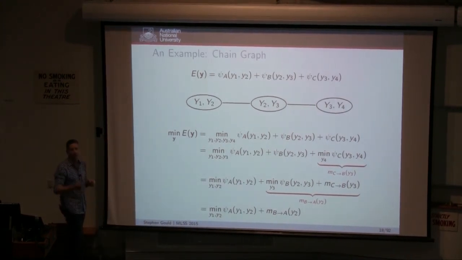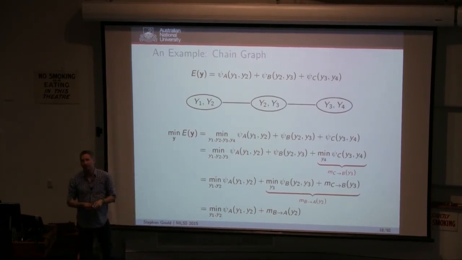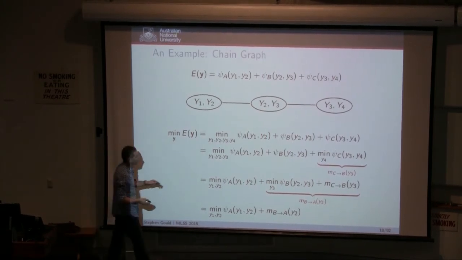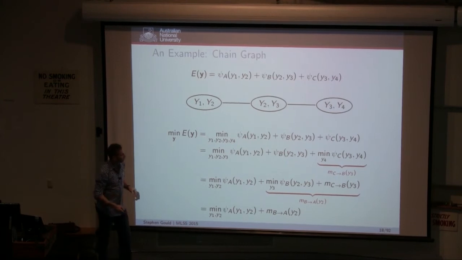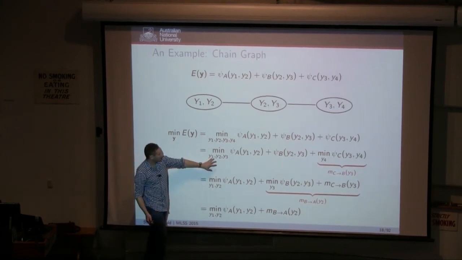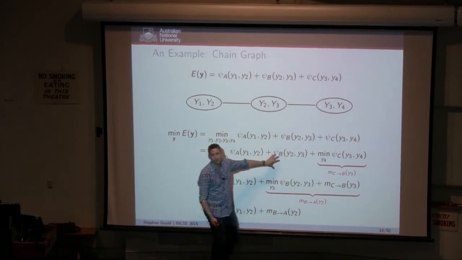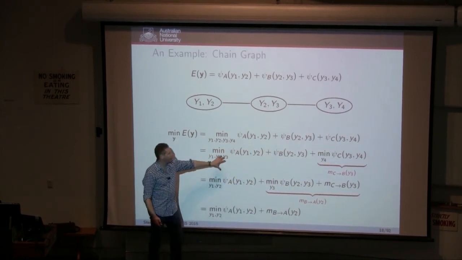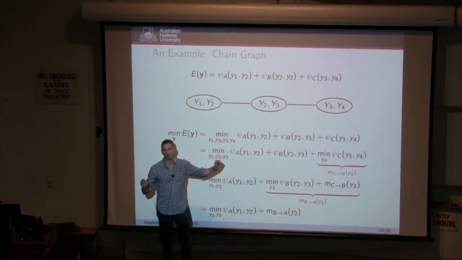So we just fix the minimum for each variable at each step, and what happens for y1? So we can start with y1 and y2 and find the minimum of 1, 2, then go to the second one, and then go to the last. Yeah, so the question is, when I'm doing this operation over here, what happens to y1 and y2, right? And the point of this algorithm is it doesn't matter what y1 and y2 are.